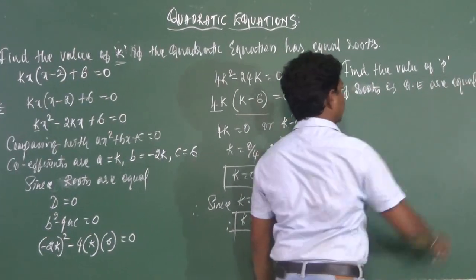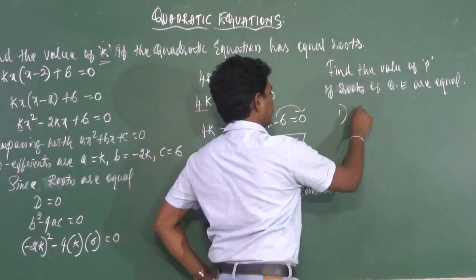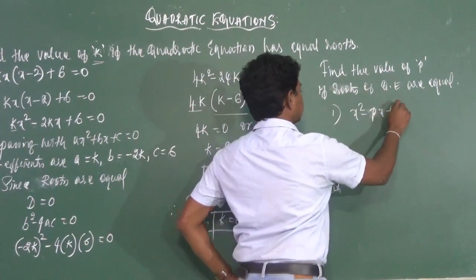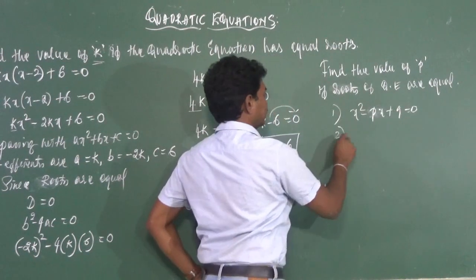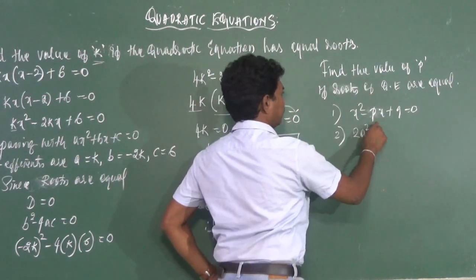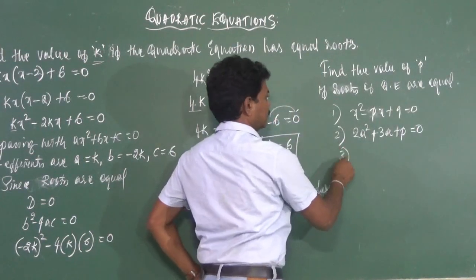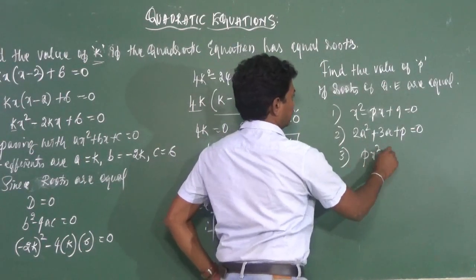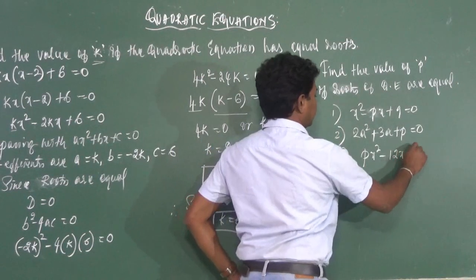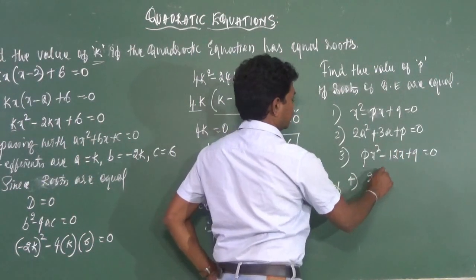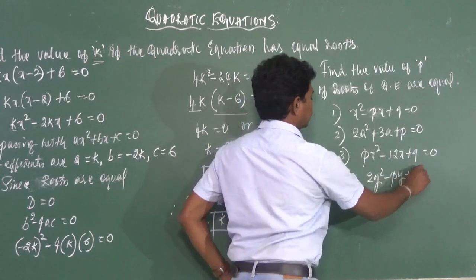First one, x square minus px plus 9 is equal to 0. Second, 2a square plus 3a plus p is equal to 0. Third, px square minus 12x plus 9 is equal to 0. And fourth, 2y square minus py plus 1 is equal to 0.